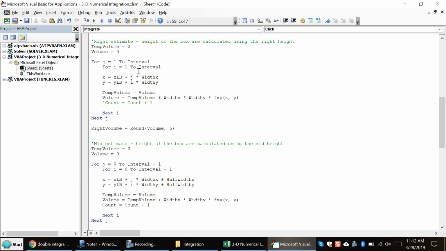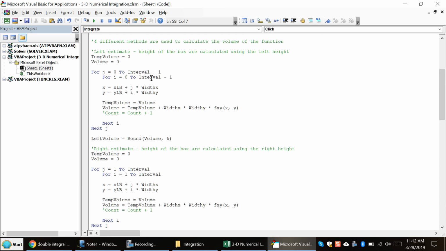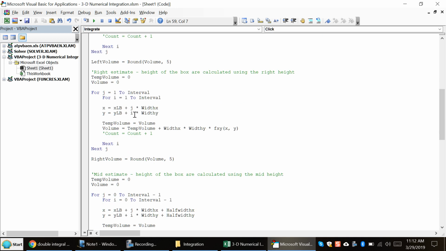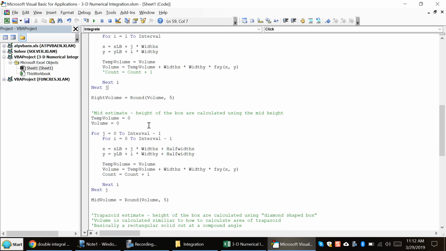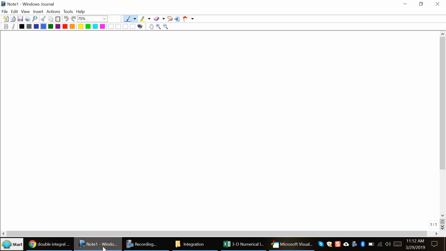It's just like using the left estimate. The only thing I do is I just add a half width. So imagine that I'm in my, I guess I could draw something instead of just talking about it.